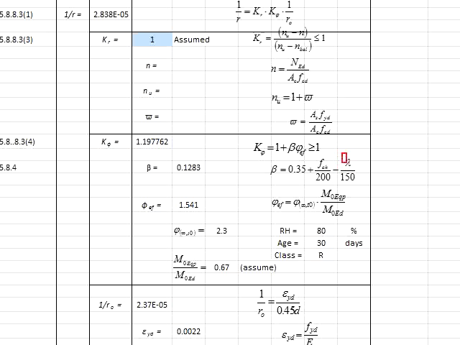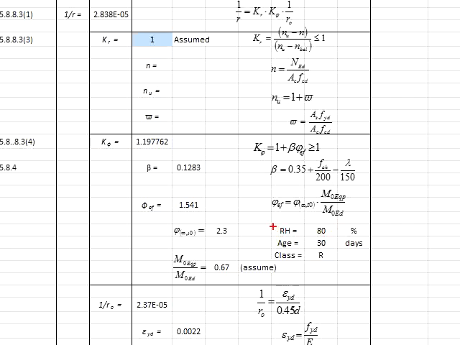The slenderness ratio is given in the equations. Next is the coefficient of the creep. It is given by this formula. The ratio of this is assumed to be equal to 0.67.